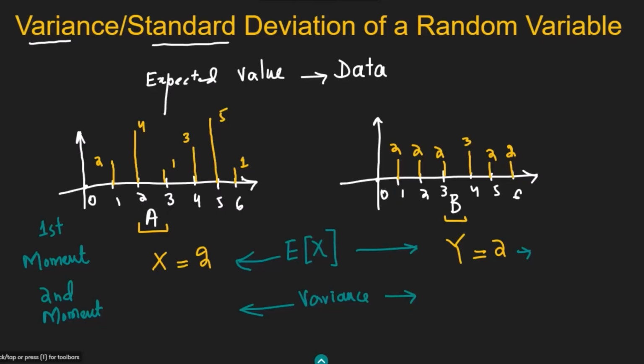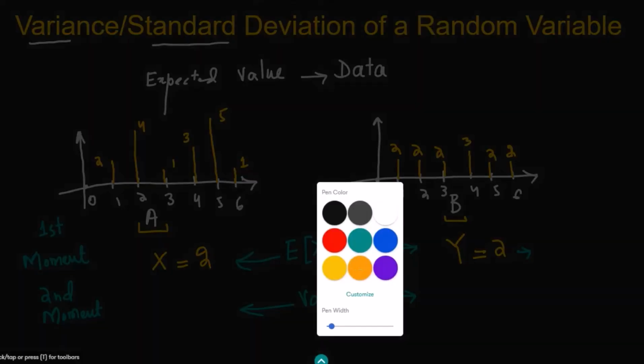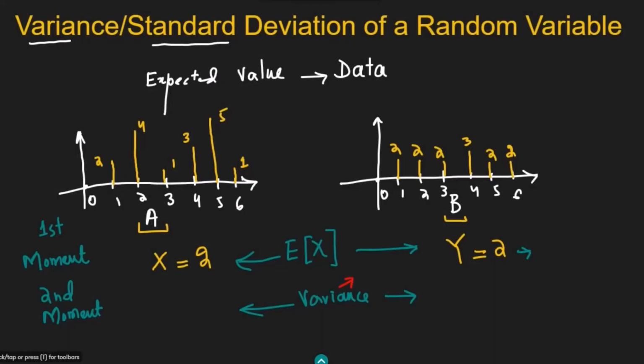So what will the variance show us? The variance will show us the average spread of our data. It is the average spread which a data has. Suppose I have a first random variable just like this one, and a second random variable which has a distribution like this one.